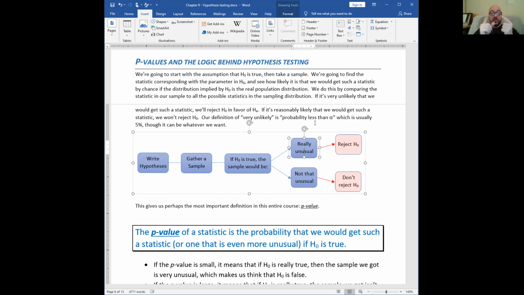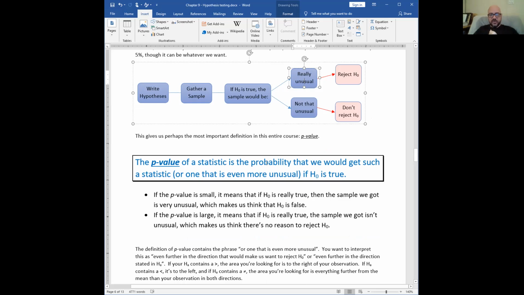Here's the logic. So let me explain what a p-value is, and then I will attempt to explain the logic of why we would do such a thing. So here's the p-value. The p-value of a statistic is the probability that we would get such a statistic, or one that is even more unusual, if the null hypothesis is true.